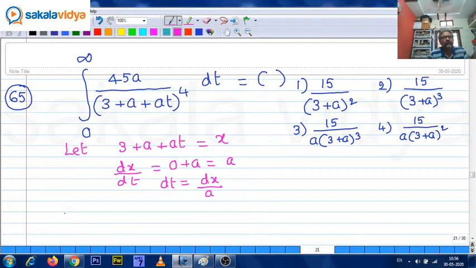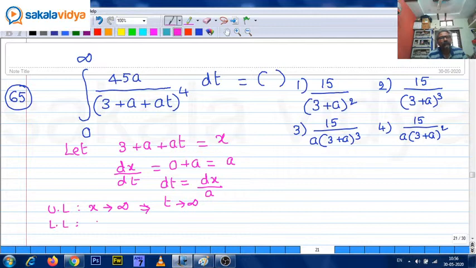So we need to write the upper limit. Here x approaches infinity, and t also approaches infinity.